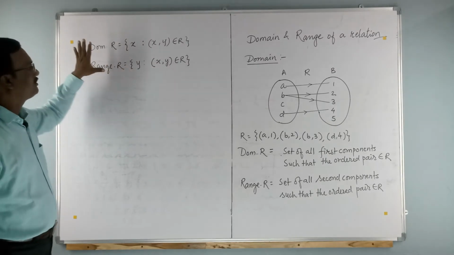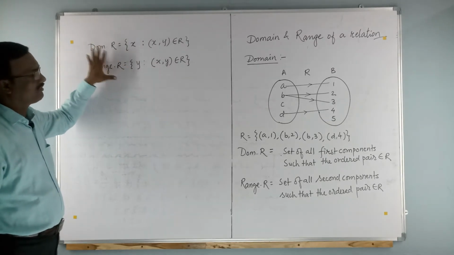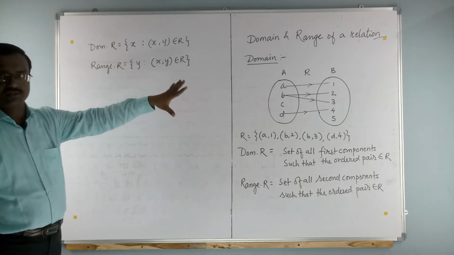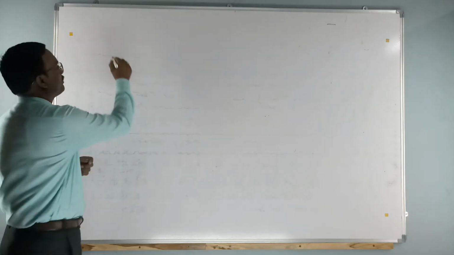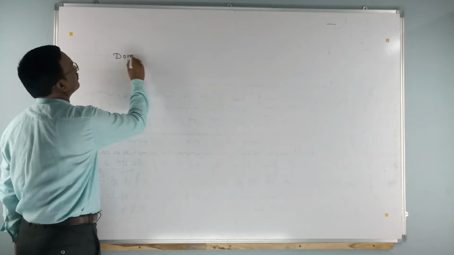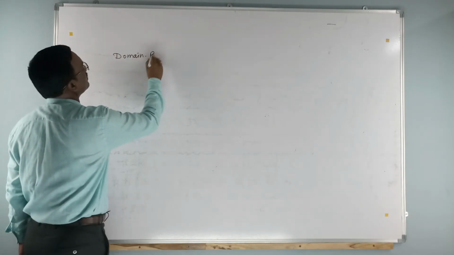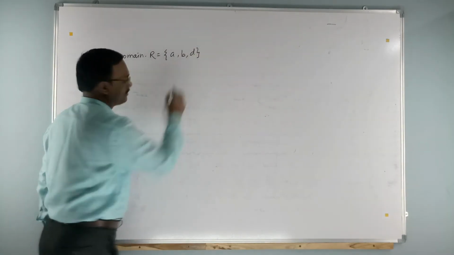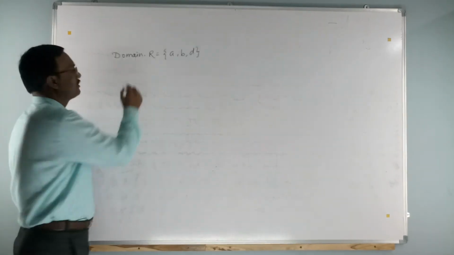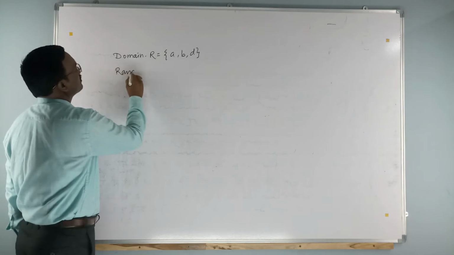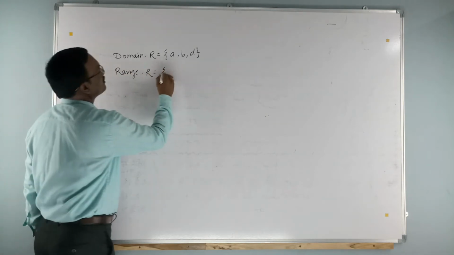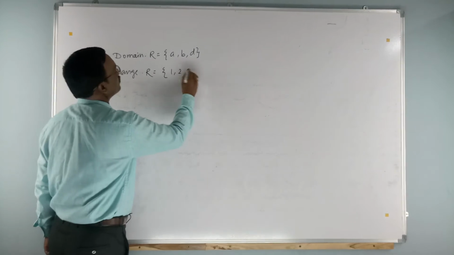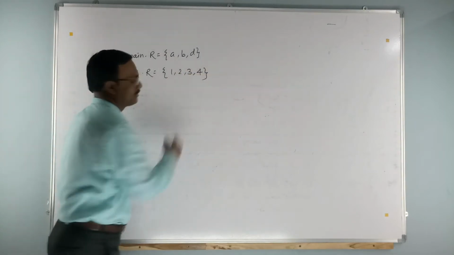Now if we use this definition on the relation as I have shown here, domain of the relation is {a, b, d}, and range of the relation is {1, 2, 3, 4}.